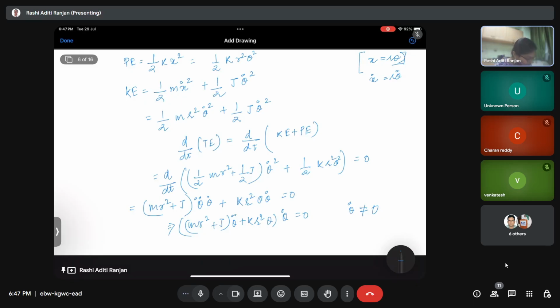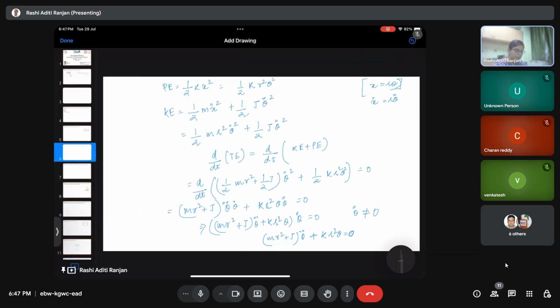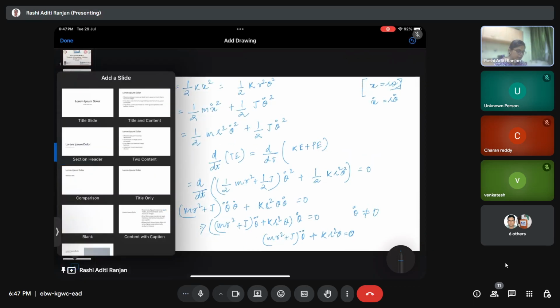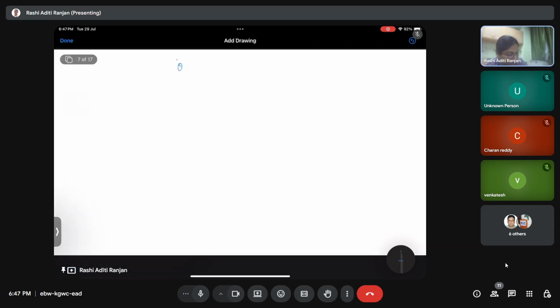So then we get m r square plus J theta double dot plus k r square theta equals 0. Now we got the equation of motion, right? From this, you can get theta double dot plus k r square divided by m r square plus J into theta equals 0.